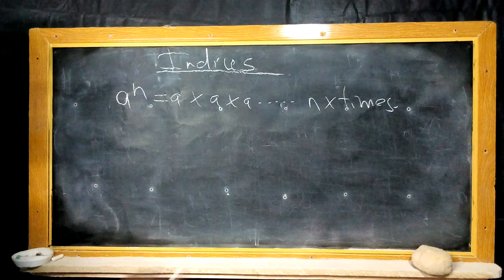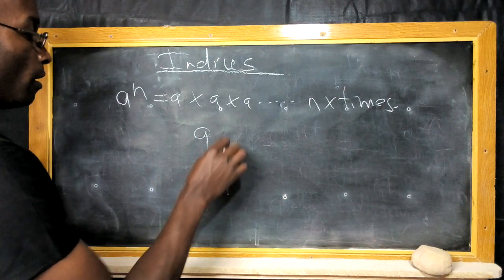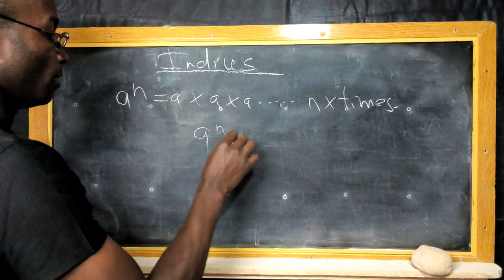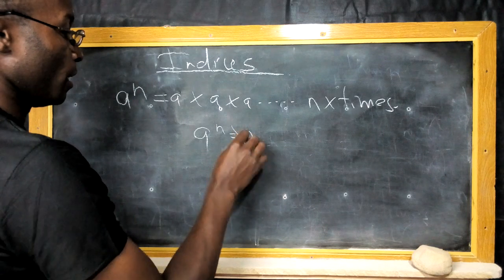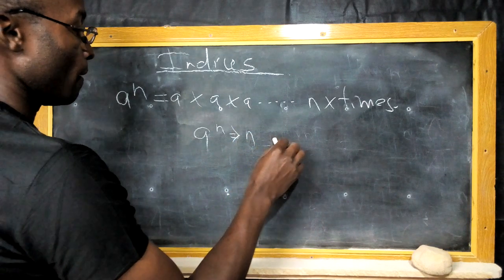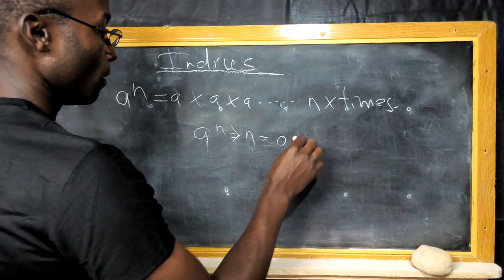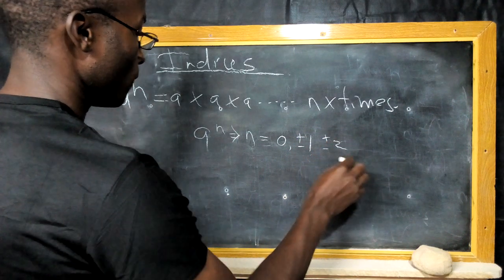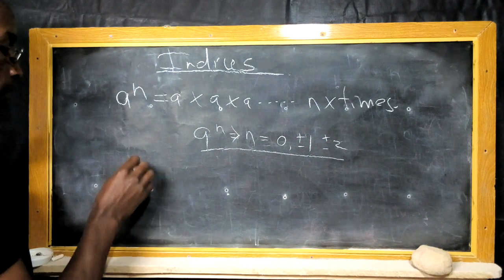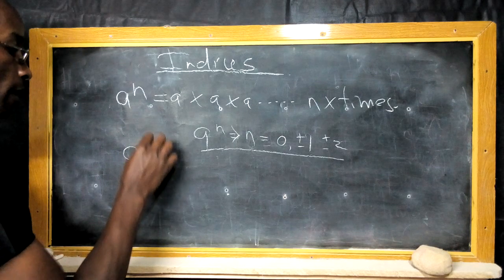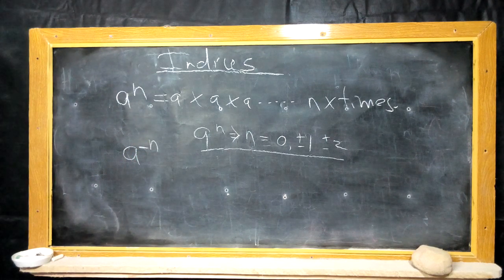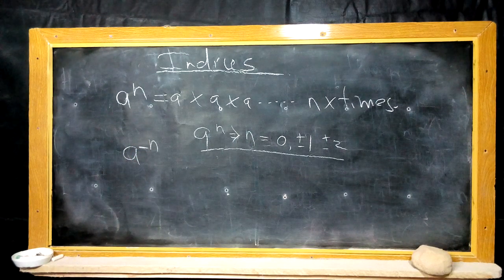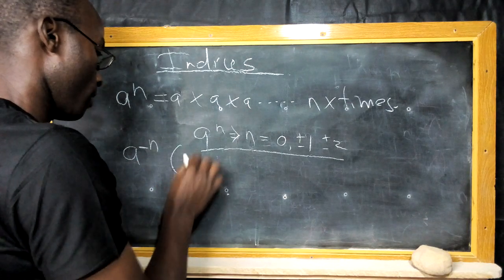And in any case, I had given a general formula that if n is 0, or positive or negative 1, positive or negative 2, then we have some cases whereby we can have a raised to negative n. We refer to that as a negative power.